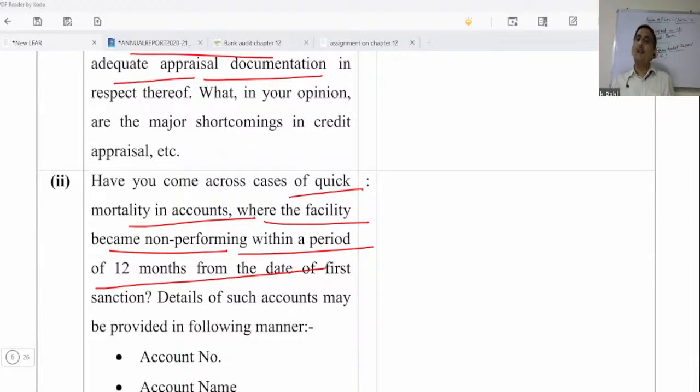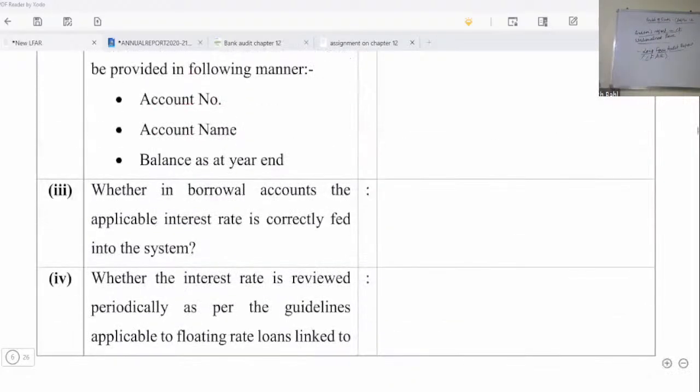So quick problem accounts in which the account became non-performing, it ceased to generate income for the bank within a very short span of time. So what does this mean? This means that appraisal was not conducted properly. That bank authorities, bank manager, the concerned official, did not make due diligence, or the project was not properly appraised. Okay.